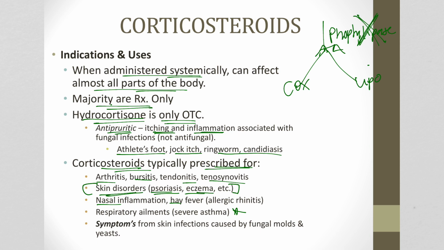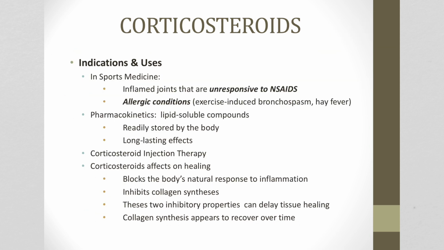So you can see there is an array of reasons that we use corticosteroids. They most often get notability for injection, but we certainly can take them orally. In fact, we'll encounter patients who are ill who do take them orally and have major systemic adverse side effects.